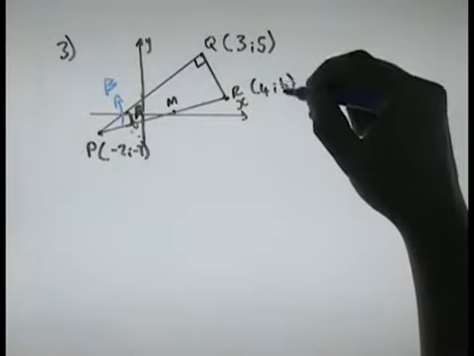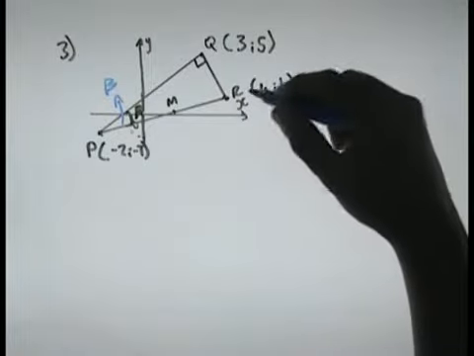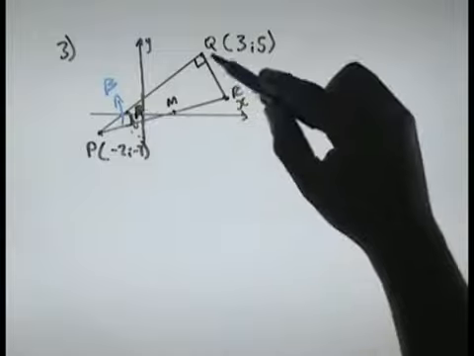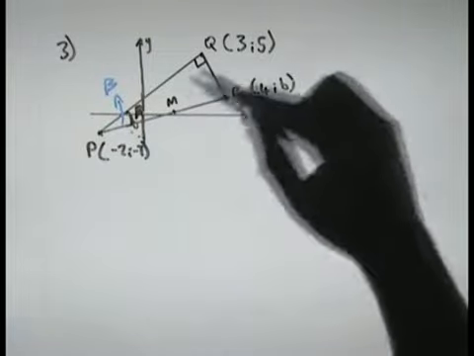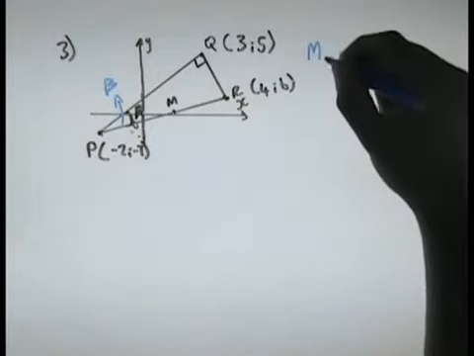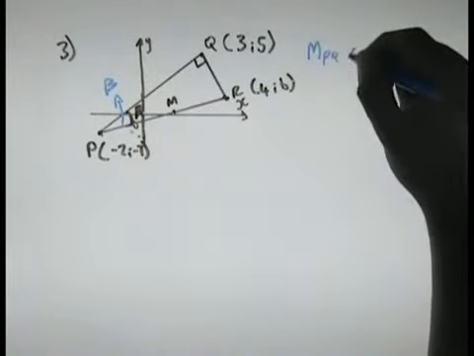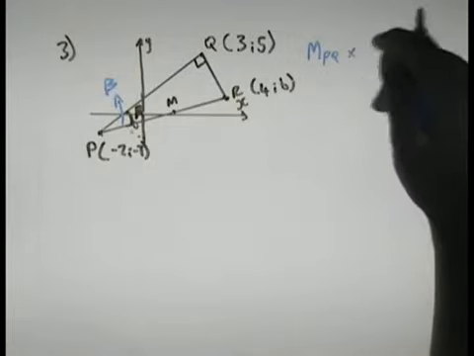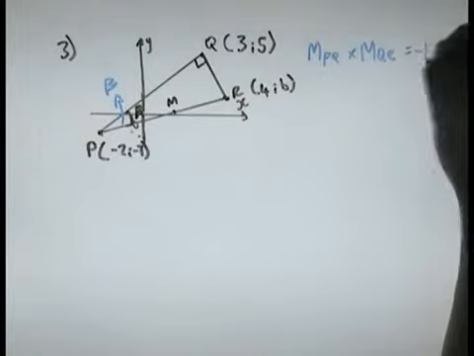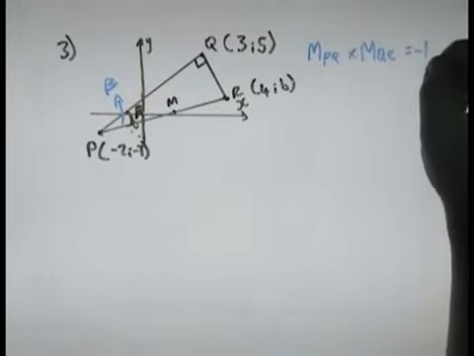Now in order to do that, remember that B is part of the coordinates of R. PQ and QR are perpendicular to each other. That means that the gradient of PQ multiplied by the gradient of QR should equal -1.